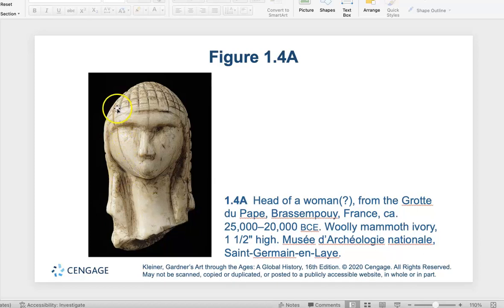She seems to even have a kind of fracture on the side over here, and they think it's a female figure just because of the shape of the face. I don't know if they were ever able to locate the rest of her, the body.